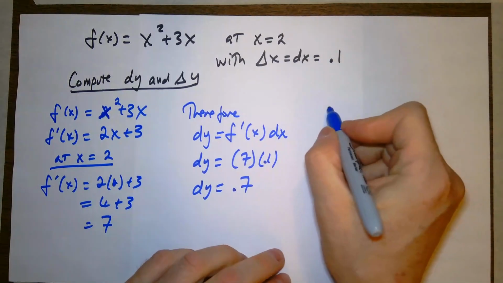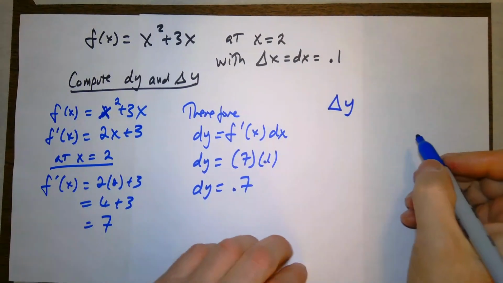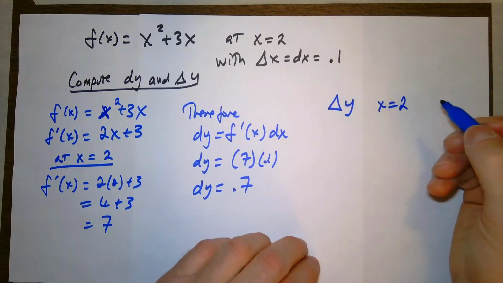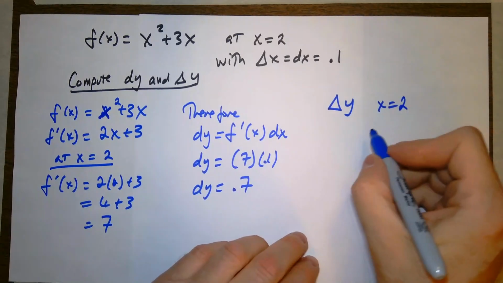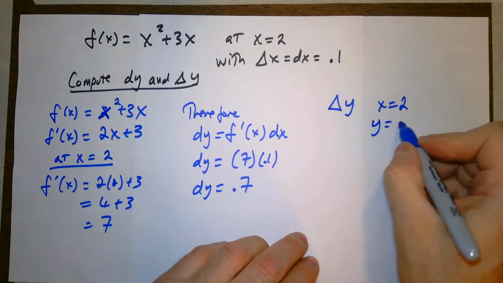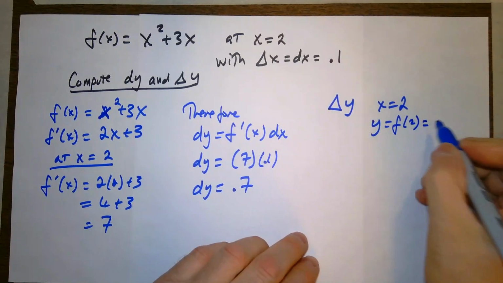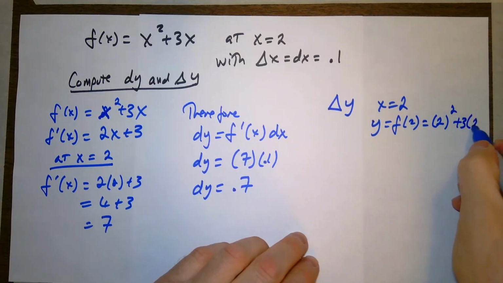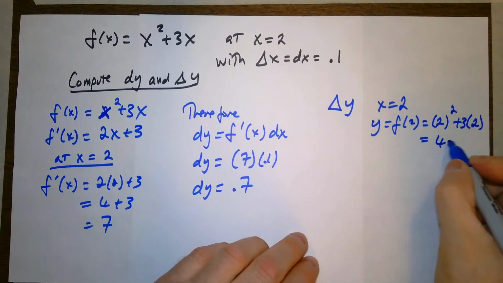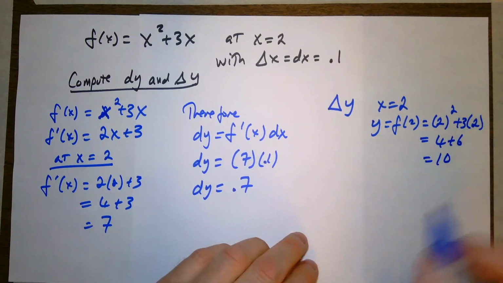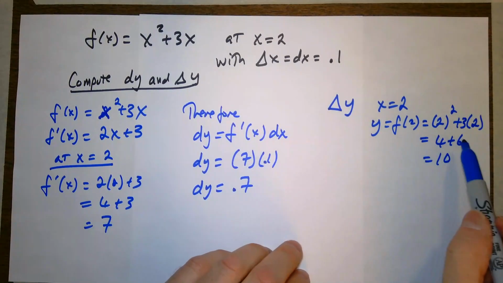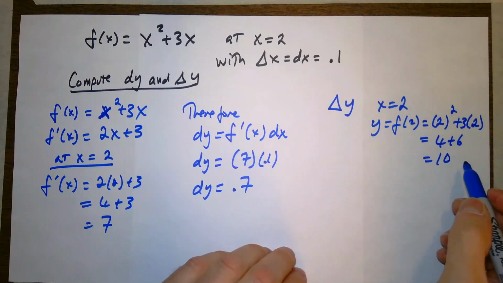All right, so delta y. Now, when x is equal to 2, what's the value of the function? Y equals f of 2, which equals 2 squared plus 3 times 2, 4 plus 6, 10. So when x is 2, the value of the function is 10.